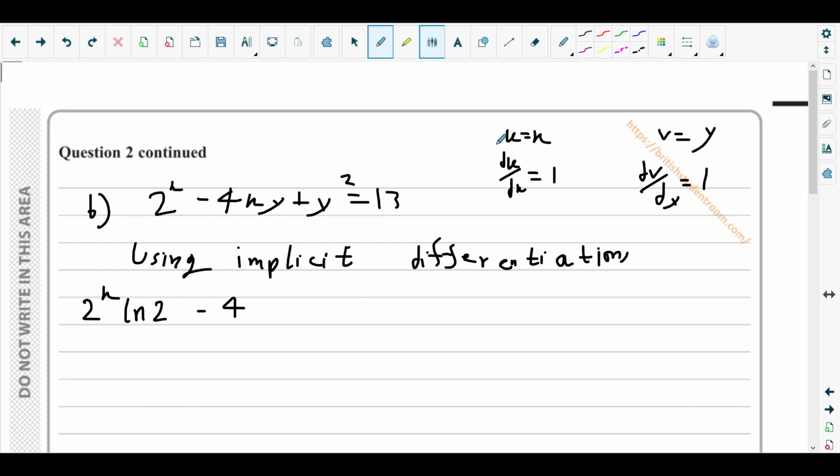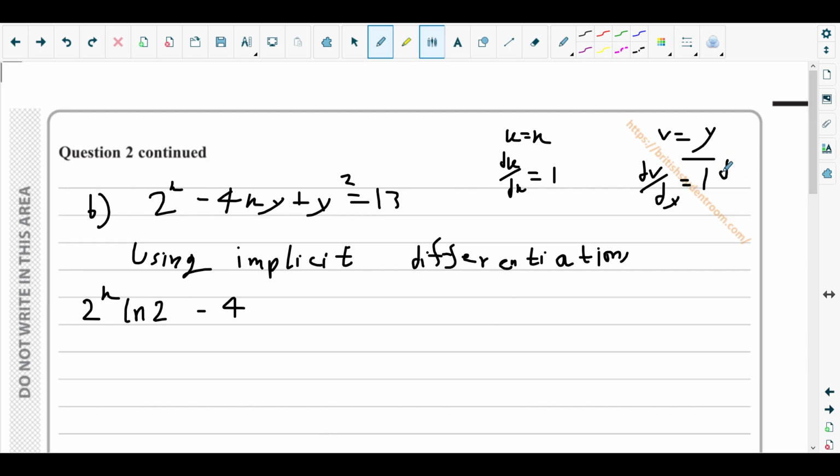Generally in differentiation, we differentiate x, but in implicit differentiation we need to also differentiate y. While you differentiate y, you keep in mind that we differentiate y the same way as we differentiate x, but we need to do one extra thing: after finding the derivative, you just need to multiply by dy over dx.